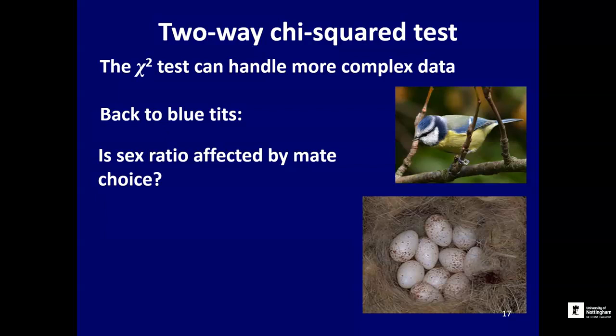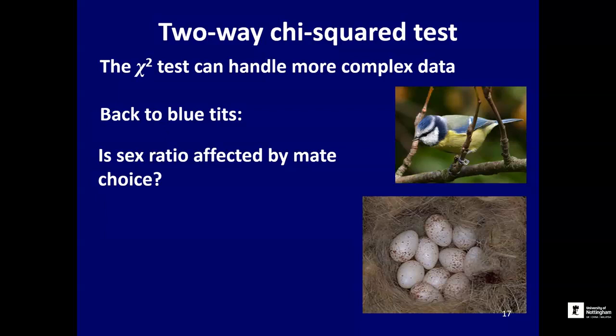By contrast, if you've got stuck with a rather dodgy looking male and he's going to be the father of your offspring, then maybe, the hypothesis goes, you'd be better off having female offspring, because females don't need to use this blue plumage to attract mates, apparently, that's how it works in blue tits. So it's the best of a bad job.